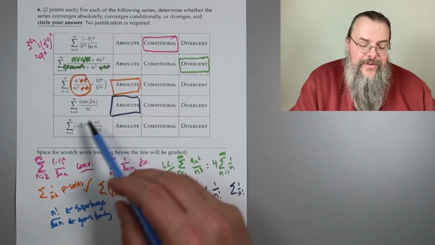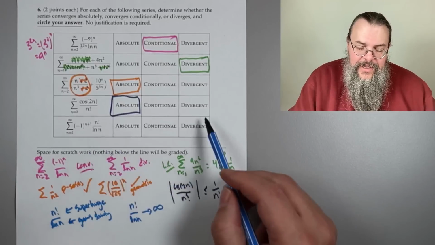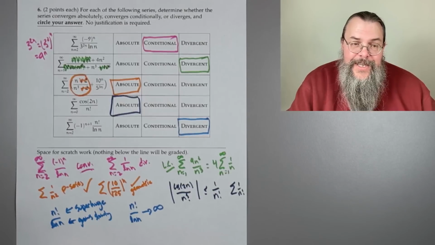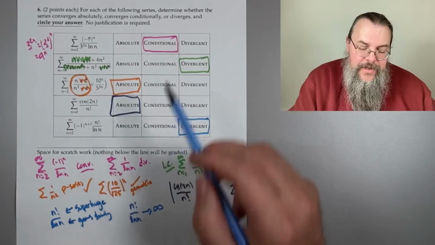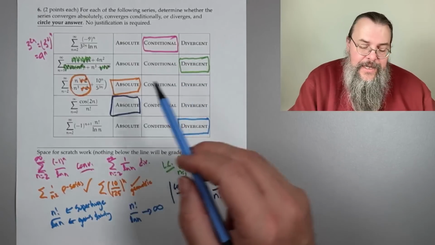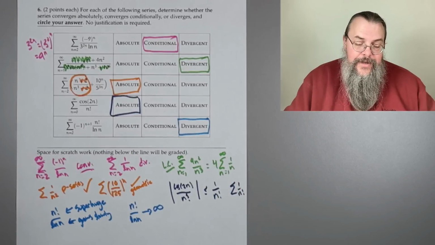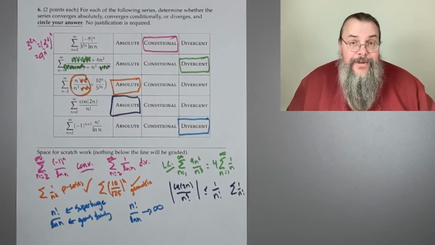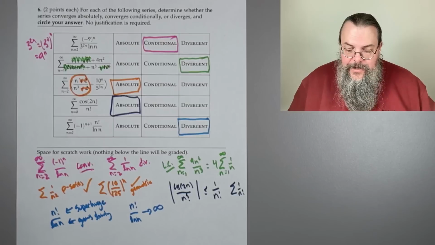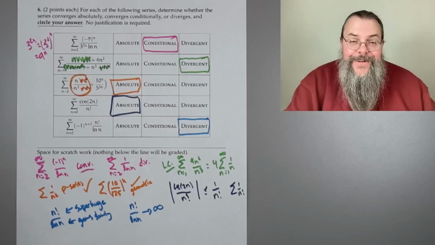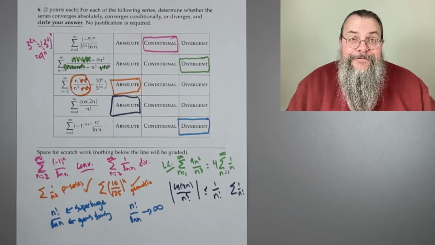And in particular, since the terms don't go to 0, that says we must diverge. And there we go. Conditional, divergent, absolute, absolute, and divergent. And there's the reasoning. All right, good. One more problem to go. So let's take a look at that last one.